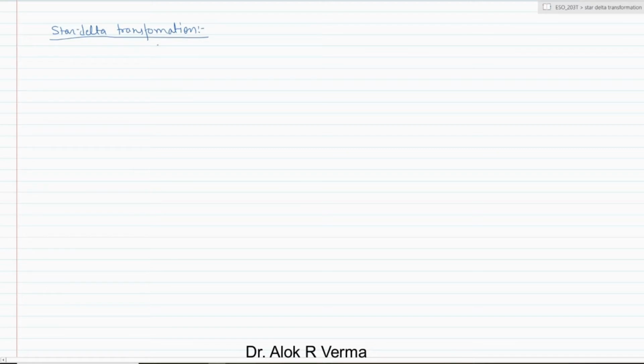So in the case of star delta transformation, we'll have a connection which looks like a star. This is also known as the Y connection, because if you invert it or draw it like this, it becomes a Y. So this is basically the Y or star, or WYE connection, and then we have this also like a star.